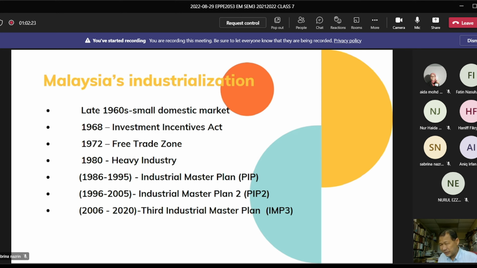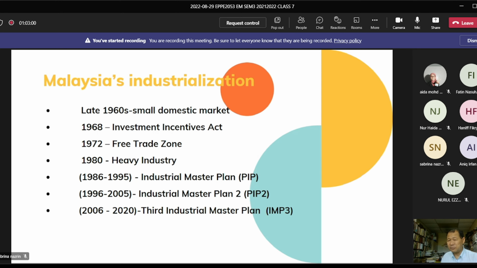So this 1968 act gave tax holidays, 10 years exemption, for companies that met the conditions of being in the industries being promoted for import substitution.